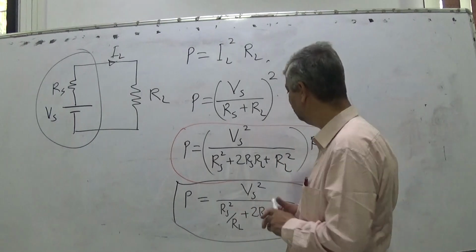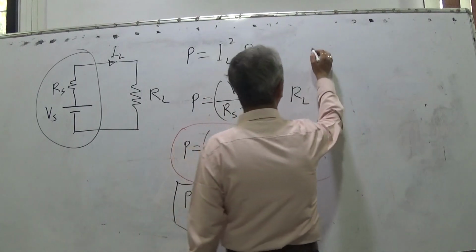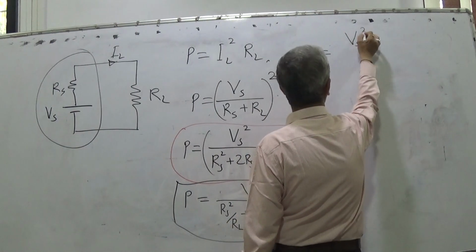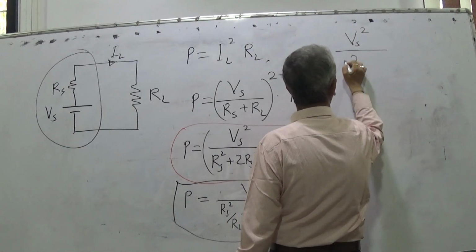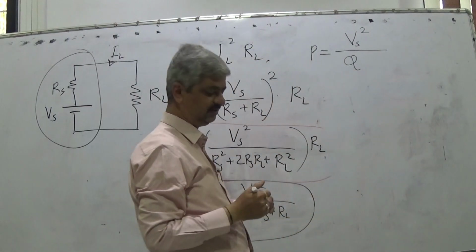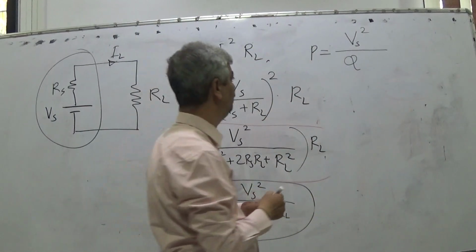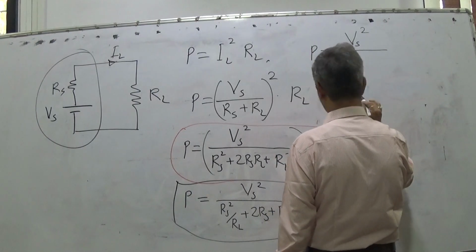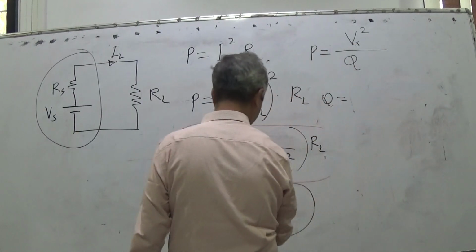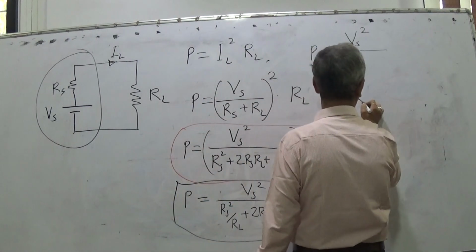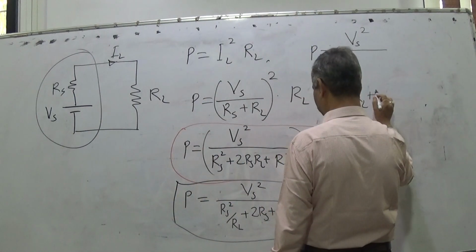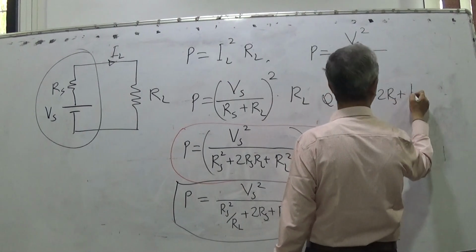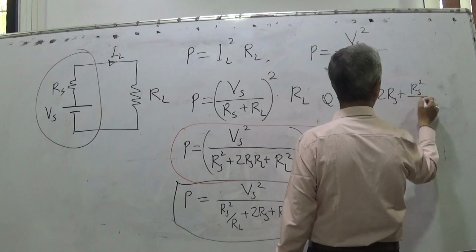So what I will do, I will put P is equal to Vs square upon Q, where Q is, I will write it in reverse, RL plus 2RS plus RS square upon RL.